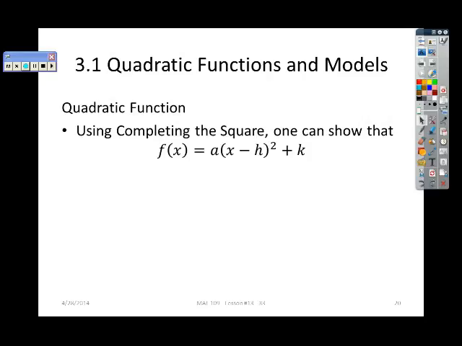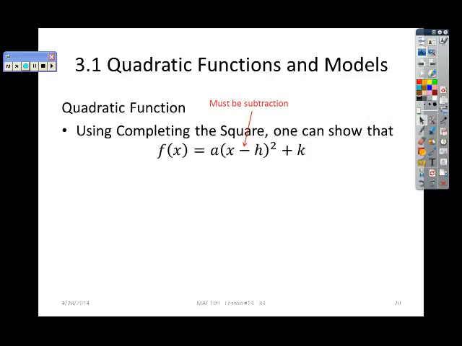The vertex is located at the coordinates h, k. It opens upward if this is a positive number, down if this is a negative number. So just by looking at that equation, we can get the location of the vertex and the opening direction.